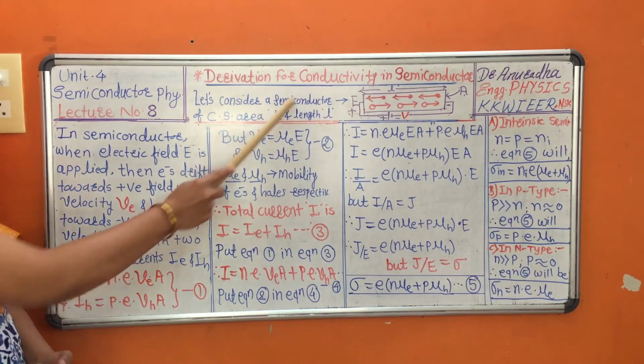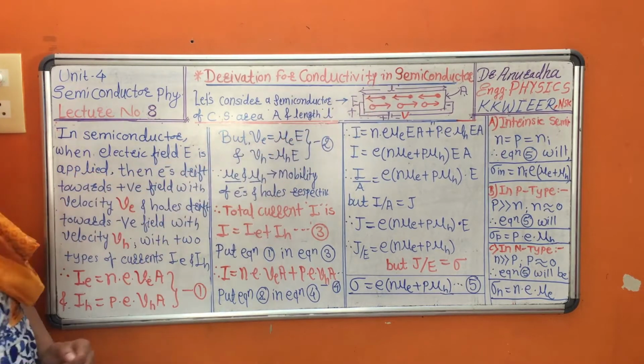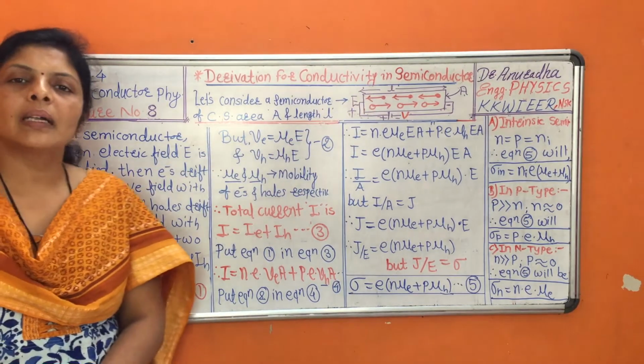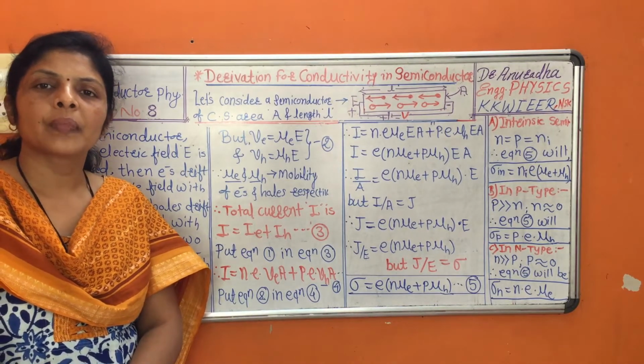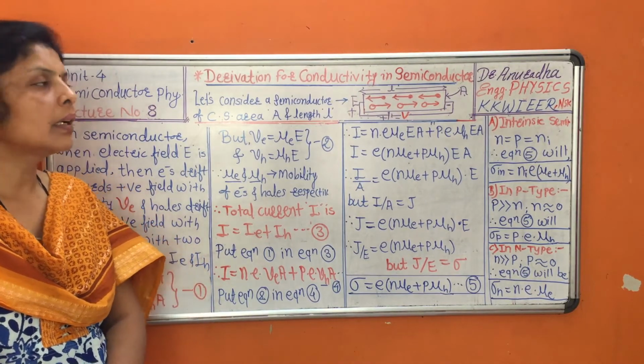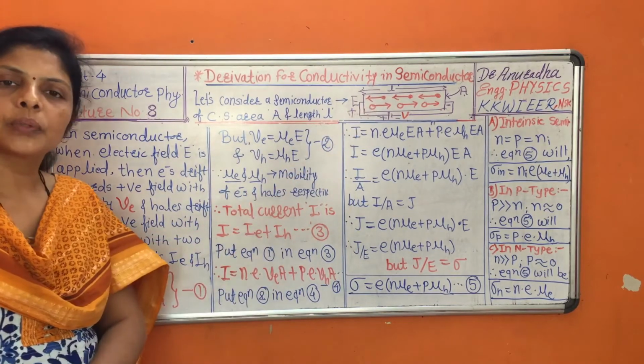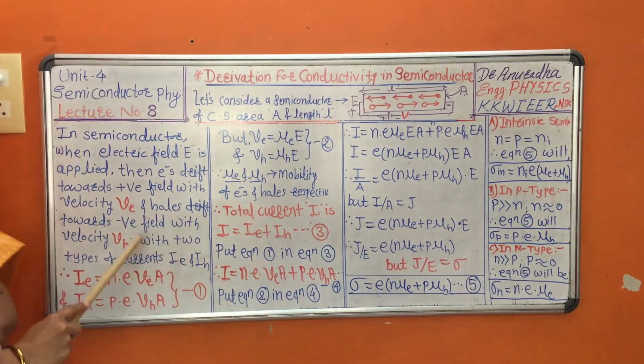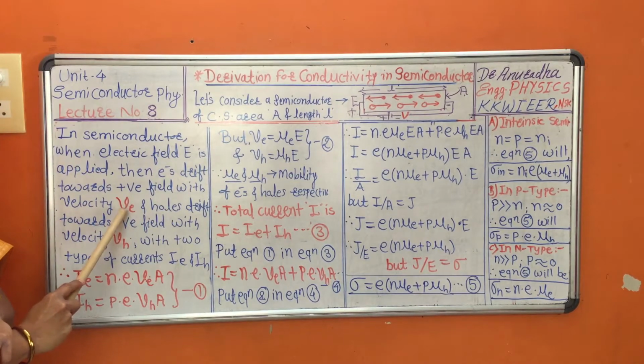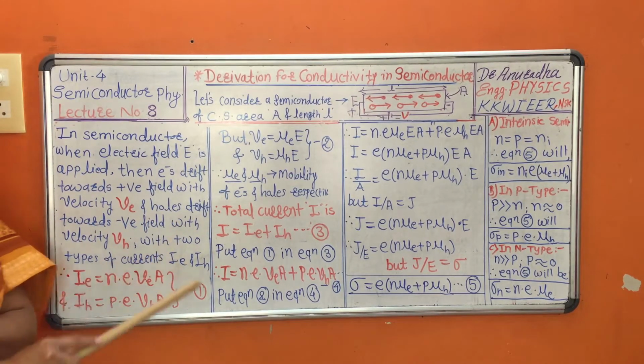As two types of charge carriers are present in semiconductors, while in conductors only one type, the electron, was present, here we have electrons as well as holes, and hence two different drift velocities.